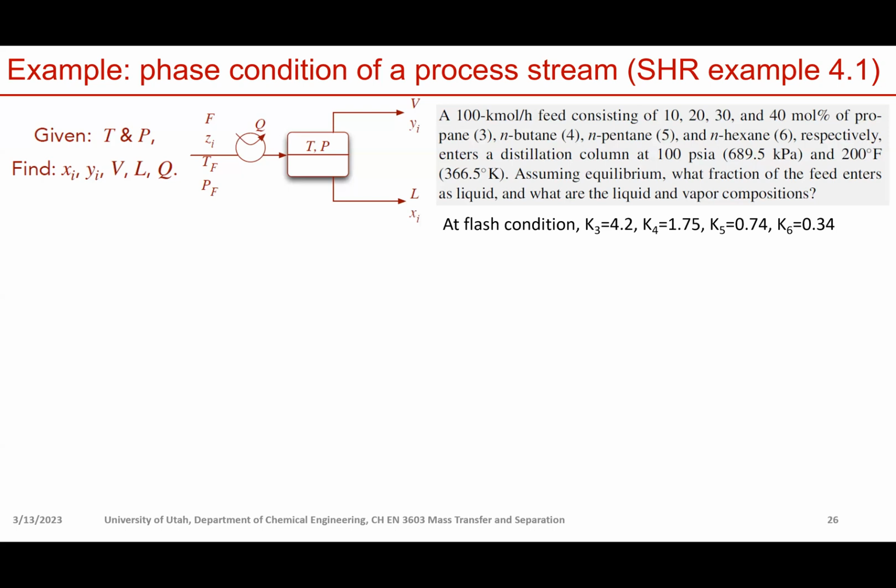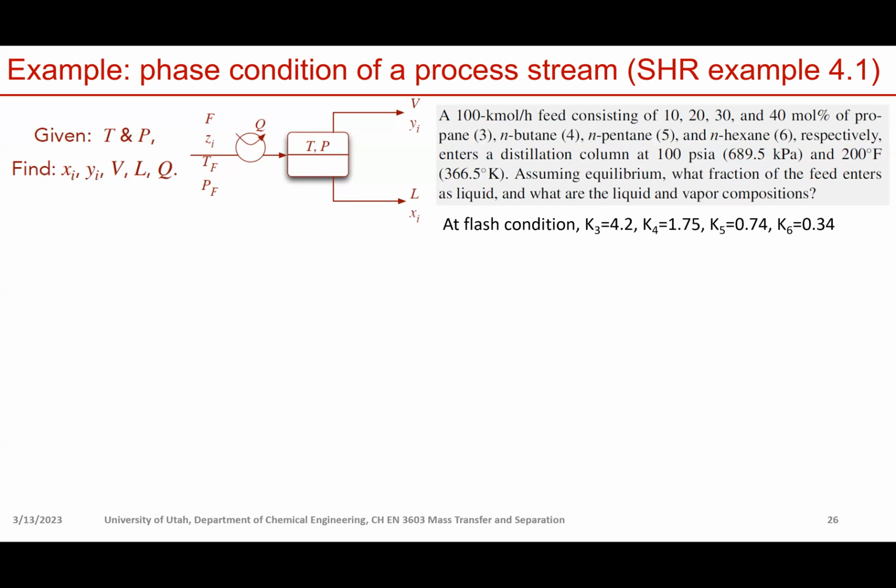Now, in this case, let's compare the conditions to see if they satisfy this scenario. Temperature and pressure are given here, and the feed flow rate is given here. The feed composition is given here, and the feed temperature and pressure are the same as the flash temperature and pressure.